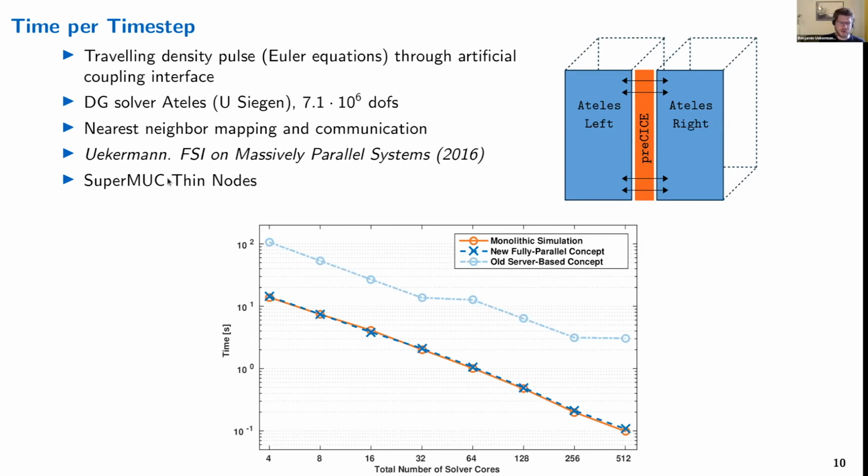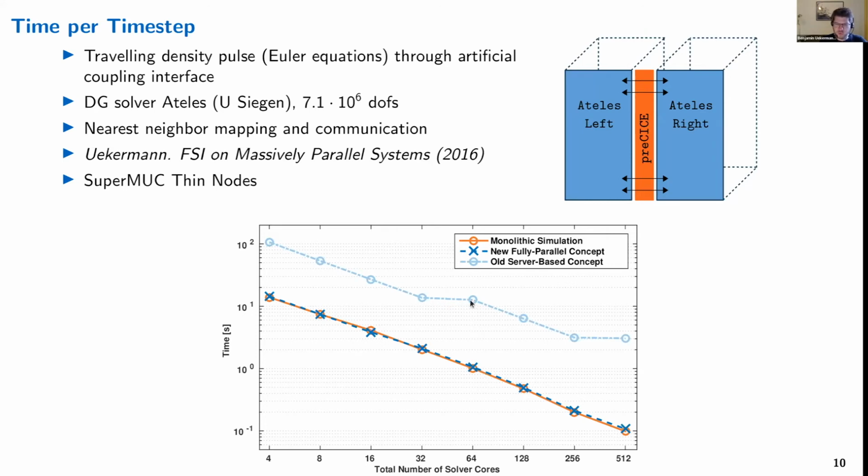And we run here on a system which is no longer in operation today. But we compared the scalability of the monolithic simulation, so if you only run this in one Ateles instance, or what happens if you couple two. In orange here is the monolithic run. In the dark blue, there is the coupled one.